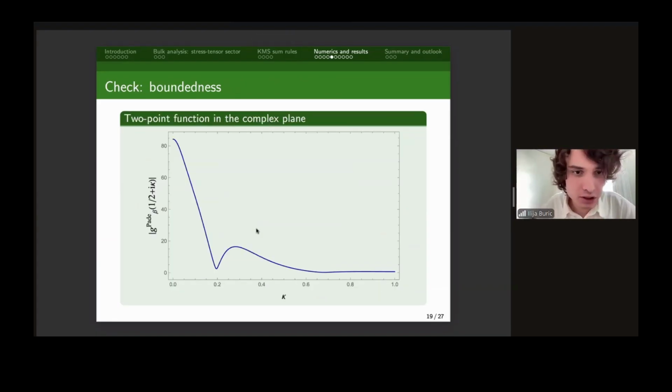Okay, so now I actually come to Julian's question. And indeed, the asymptotic model for delta equals 5/2 gave a 2-point function which violates this boundedness property as you go to imaginary infinity. But the numerical 2-point function, this is for 5/2, doesn't violate.